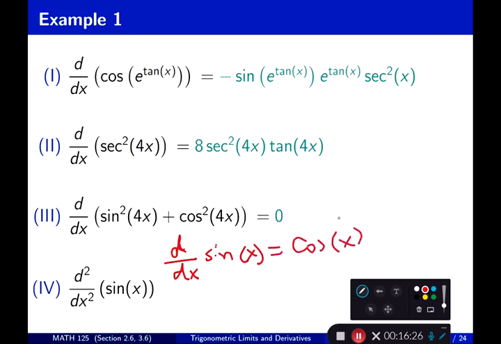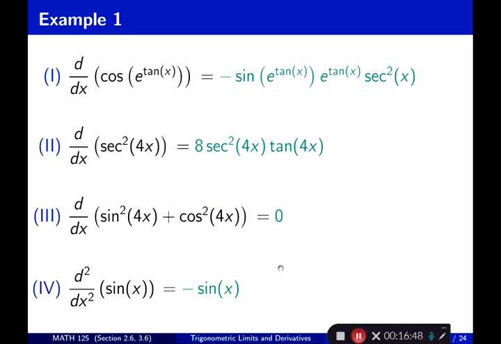So if I take the derivative of cosine of x, I get the answer for this one, and that would be negative sine of x. And so we're concluding this example.